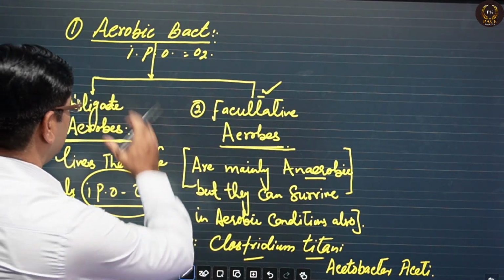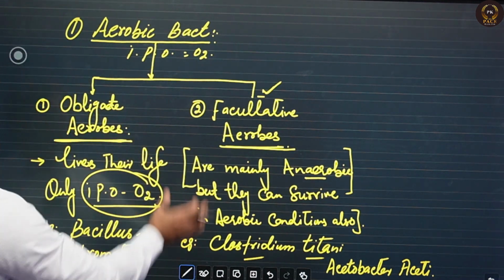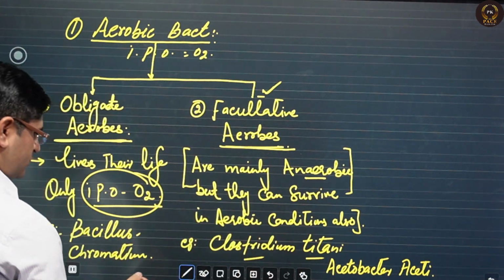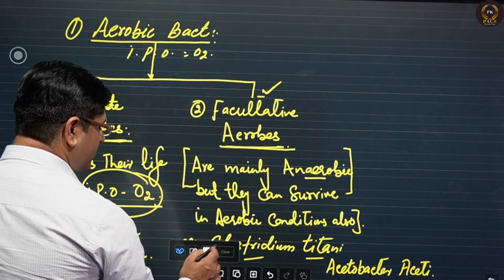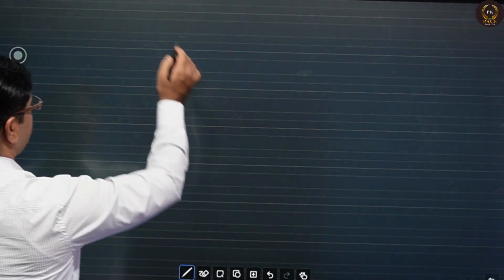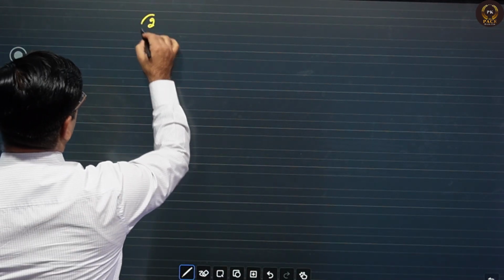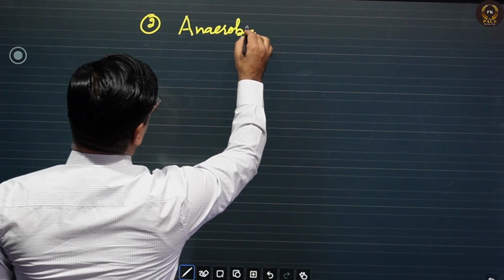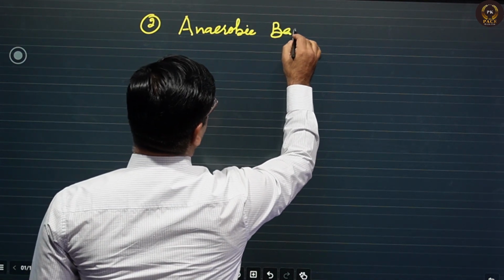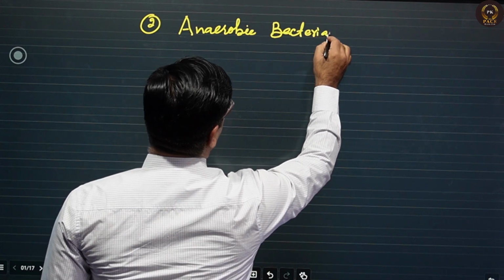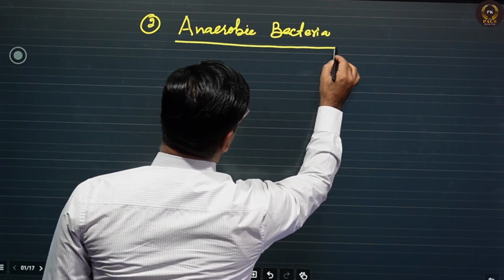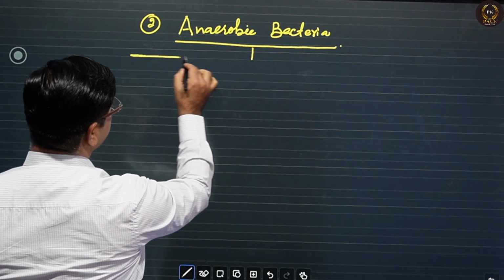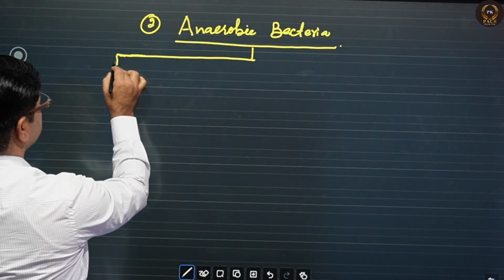In the same manner, as in aerobic bacteria, these two categories of bacteria are also present in anaerobic respiration. If we talk about anaerobic bacteria, there are also two categories under the anaerobic conditions.